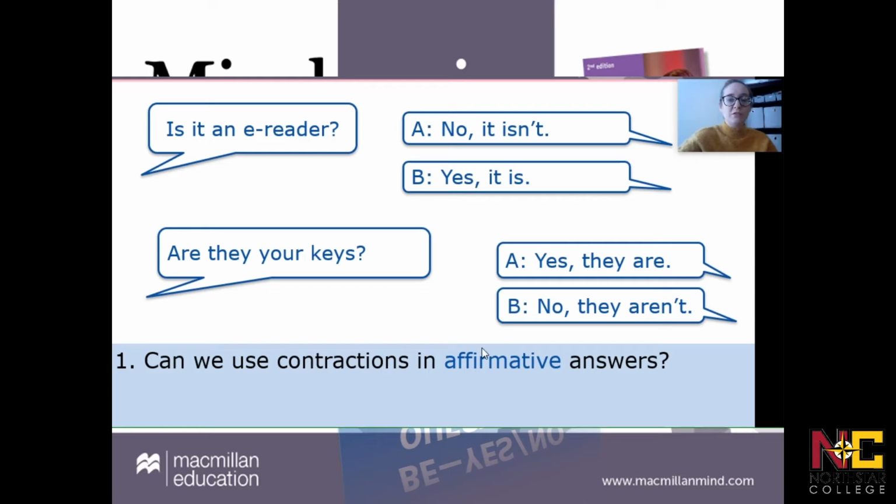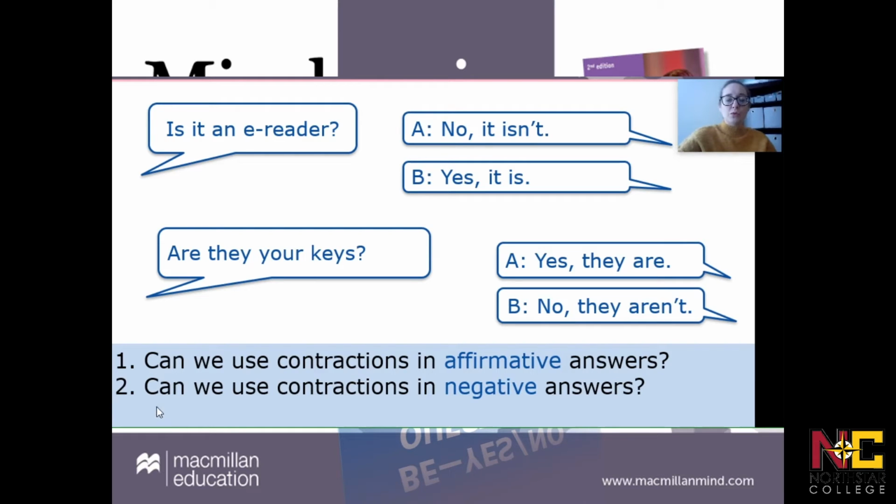Remember, affirmative means positive, so something like yes. Number 2, can we use contractions in negative answers? So for number 1, can we use contractions in affirmative answers? No, we cannot.